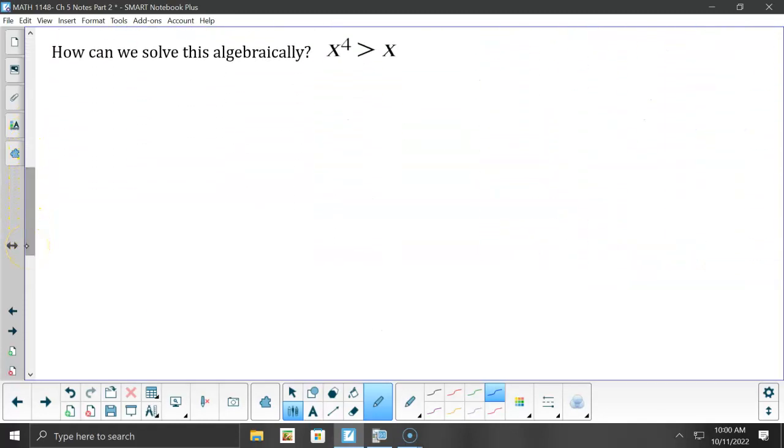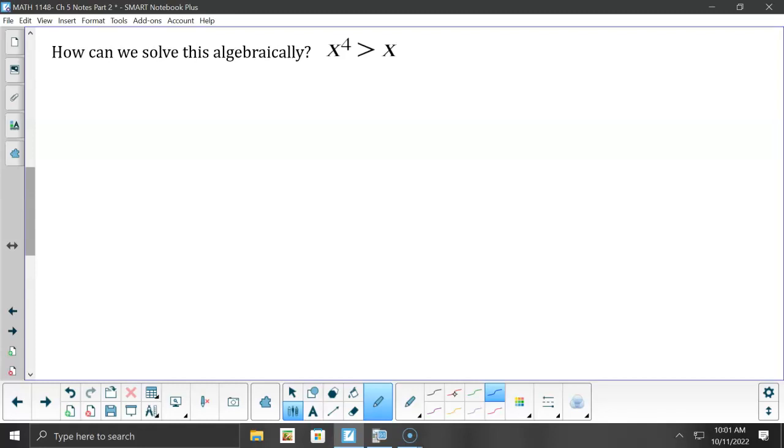Alright, so next one is, how can I solve this problem algebraically? Ready?